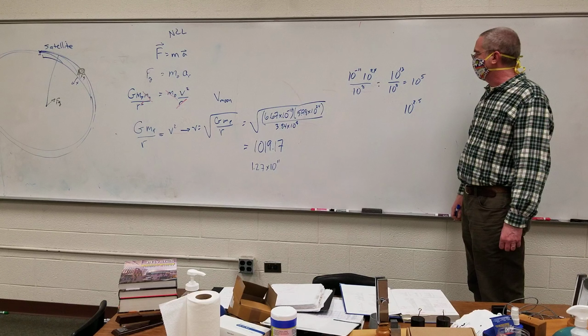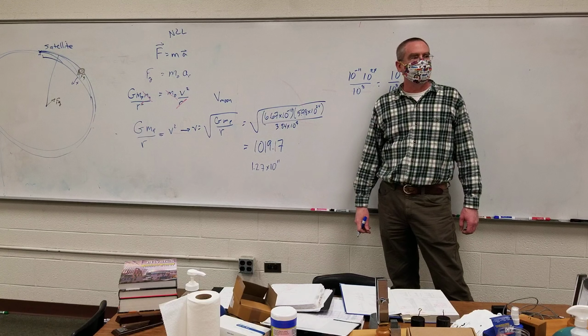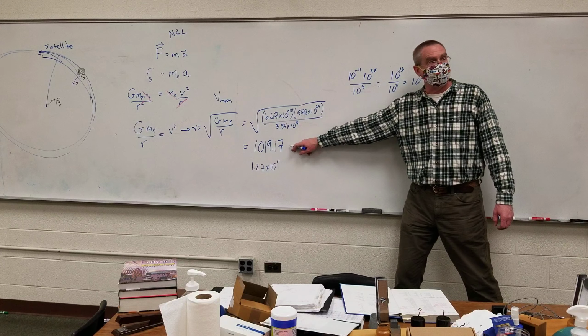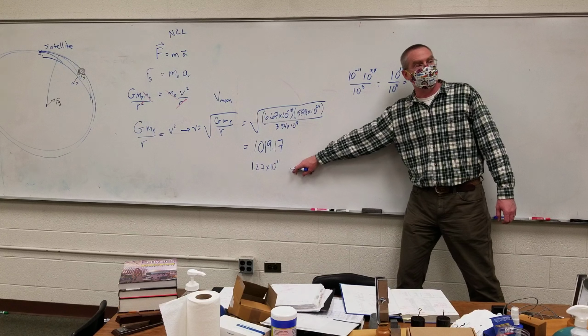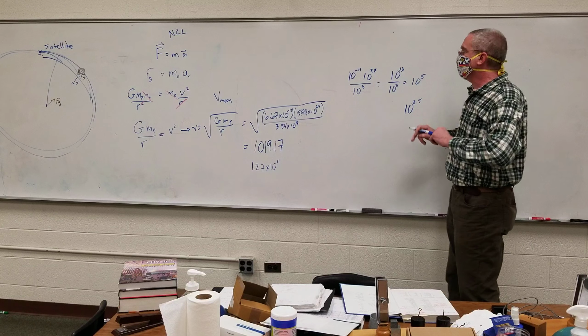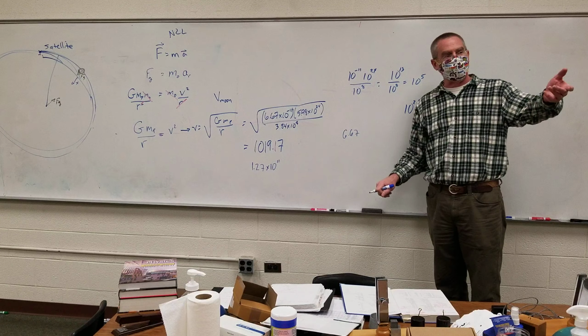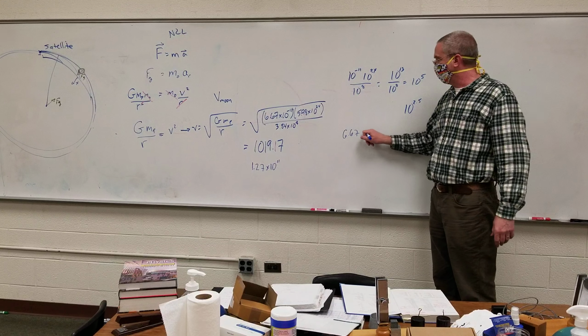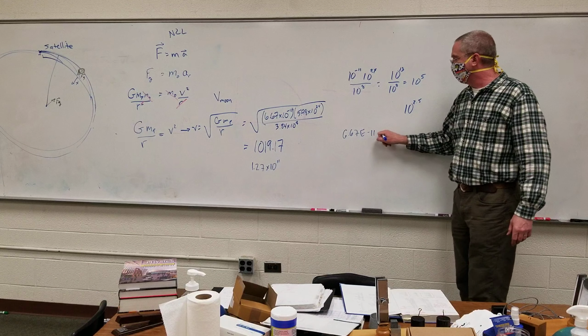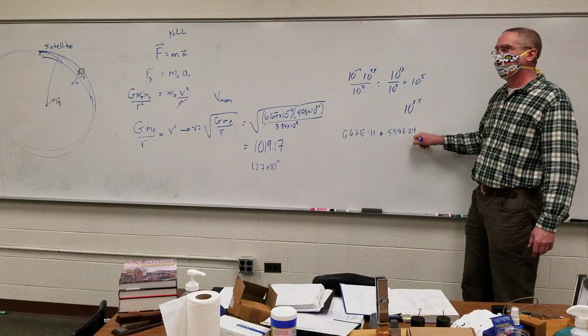Yeah, that 10 to the 11th just does not seem right. I think I probably did it wrong the first time. When you typed into the calculator, did you do 6.67 E -11 times 5.98 E24?